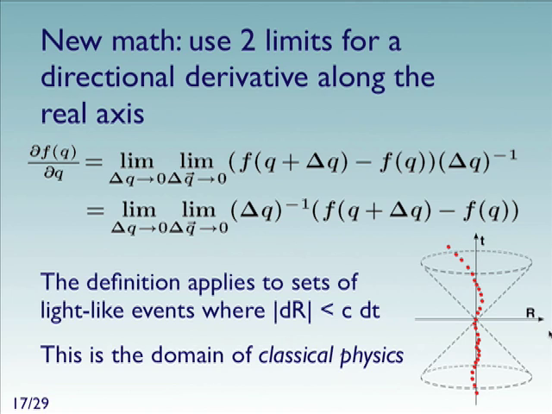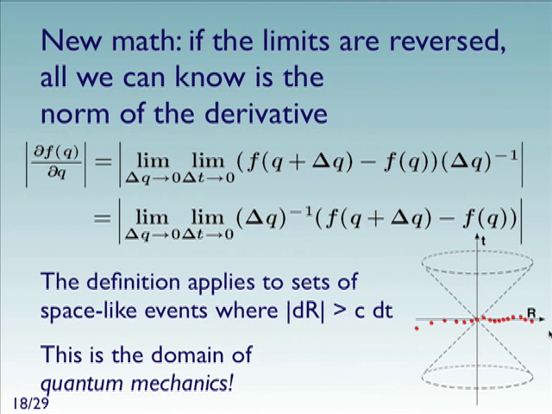But that brings up the question, what happens if you reverse your two limits? If you do that, then you get that problem back where you don't know whether you should write it on the left or the right. But you can take the norm of this, and the norm of this sort of thing is the same whether you write the differential on the left or the right.